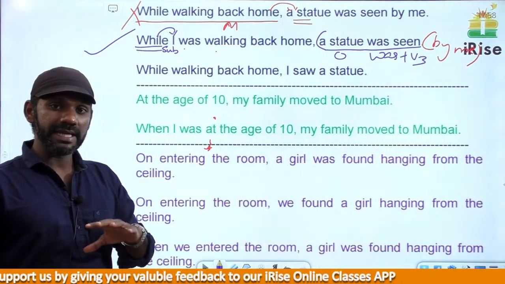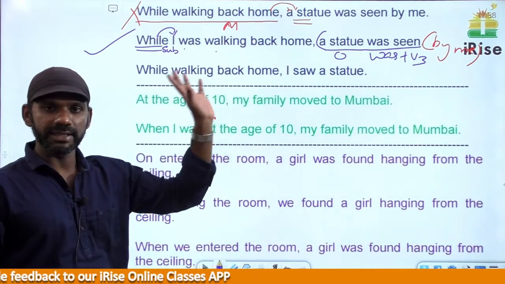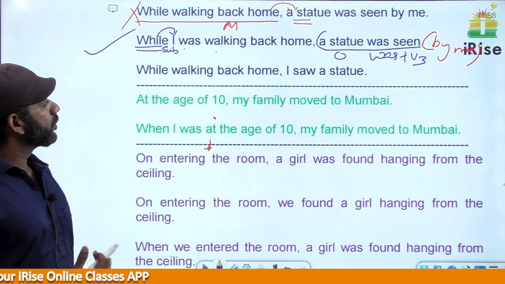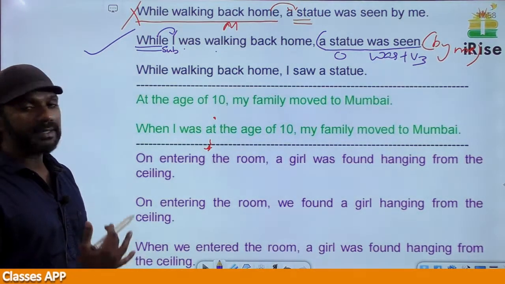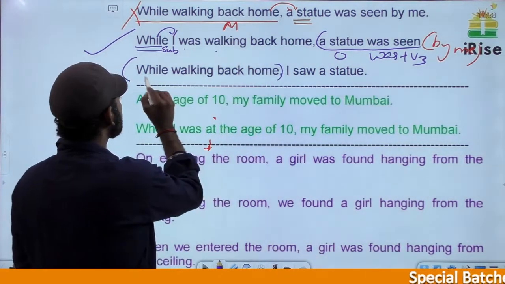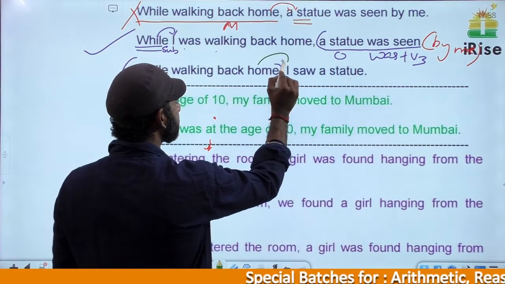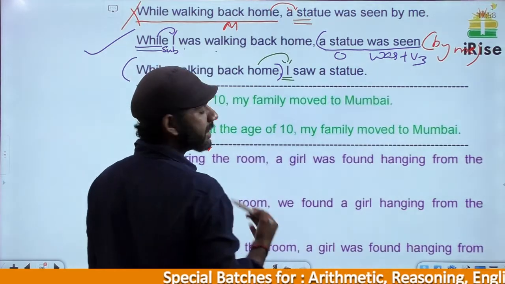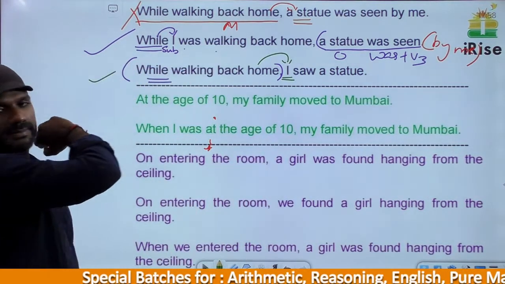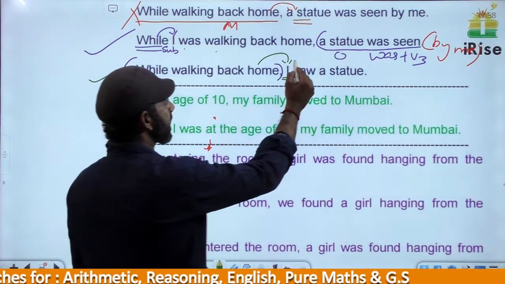In this sentence, we have the subject I immediately after while. We'll frame the same idea with the subject I immediately after the clause containing while. While walking back home, comma, I saw a statue. While walking back home is a clause containing while. And immediately after the clause containing while, we have the subject I, grammatically correct. The same meaning. The main clause here is I saw a statue.